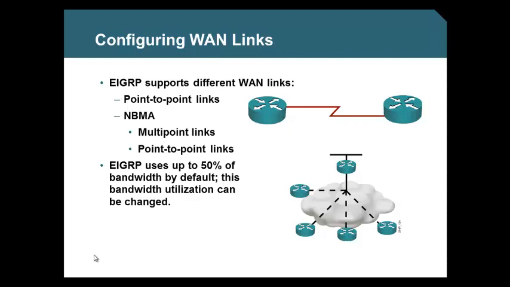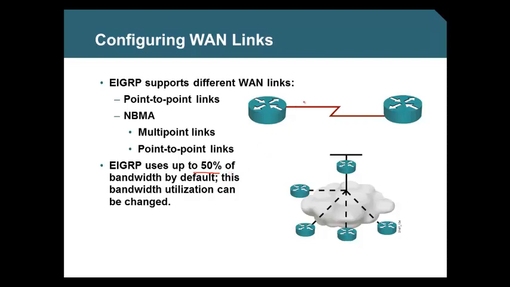The next topic in EIGRP is WAN consideration. By default, EIGRP will consume 50% of the bandwidth for EIGRP's own communication.